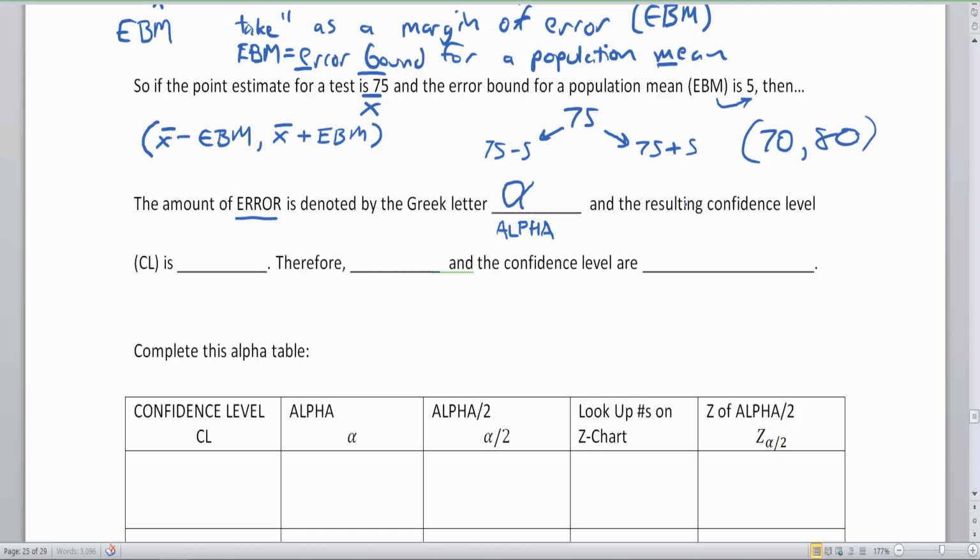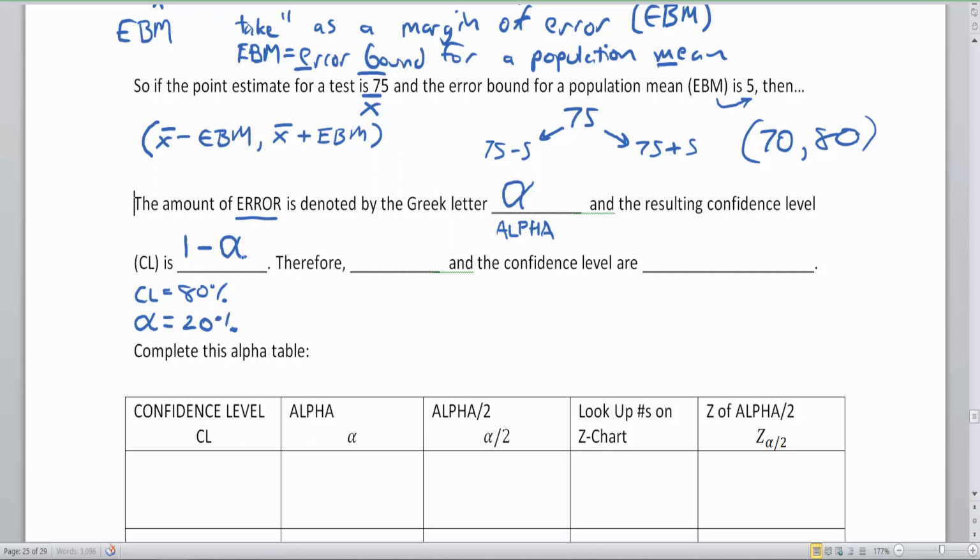And the resulting confidence level is always 1 minus your alpha. Okay, so let's just take a look at this quick example underneath this blank. If the confidence level is 80%, then your alpha is 20%. Okay?